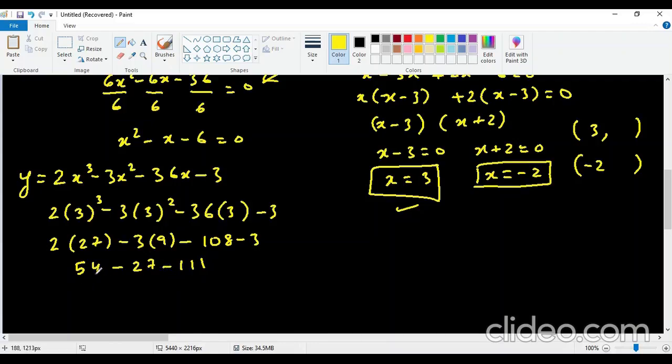Once we calculate all this, it's going to give us minus 84. So when the value of x is 3, y is minus 84.